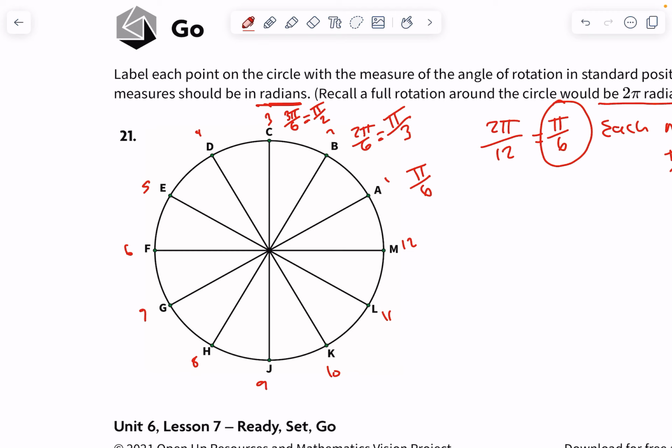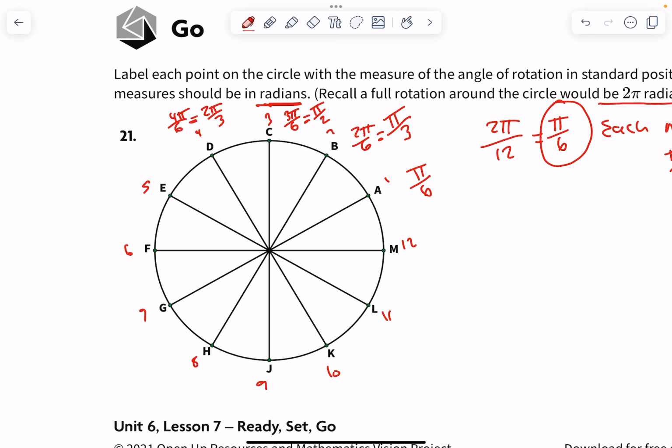So 1 pi over 6, 2 pi over 6, 3 pi over 6. The next one will be 4 pi over 6, which is equal to 2 pi over 3.